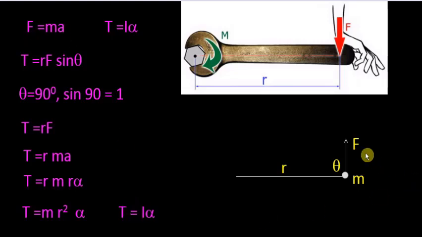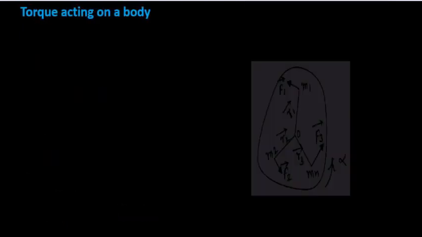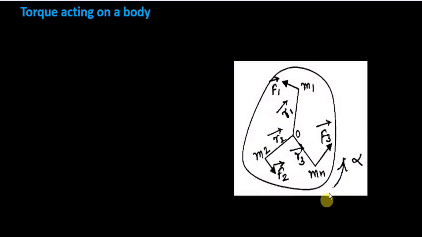This is for a single particle system. That means the body consists of a single particle. If the body consists of different particles, n particles, then how do we prove this expression? Consider this figure. Suppose O is the center of rotation and this body consists of different particles having masses m1, m2, m3 up to mn.